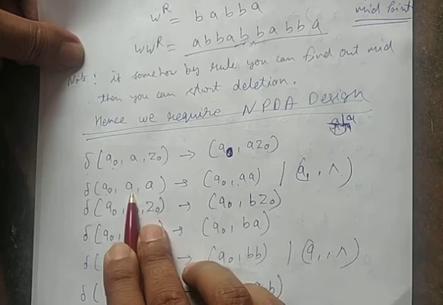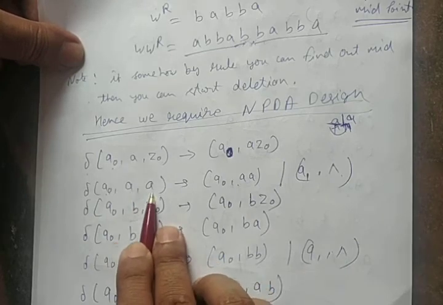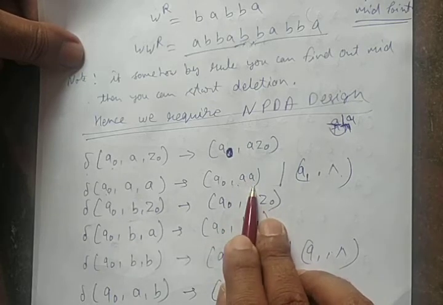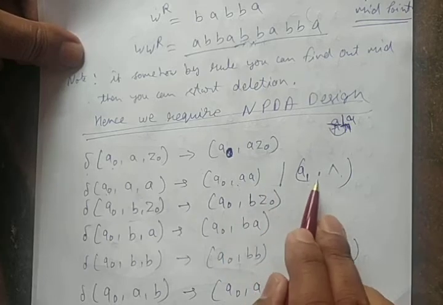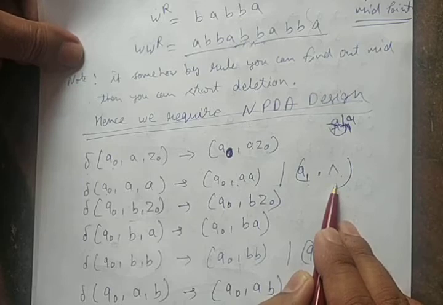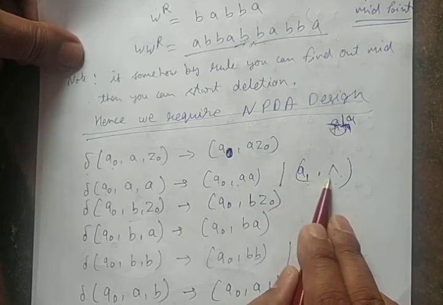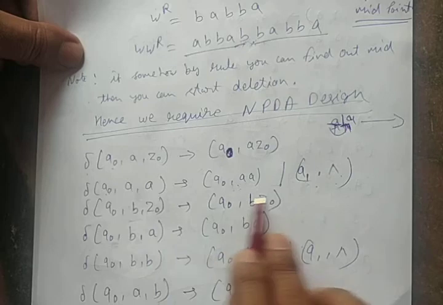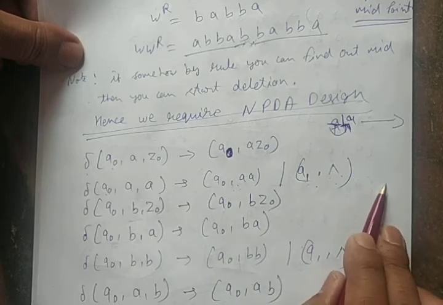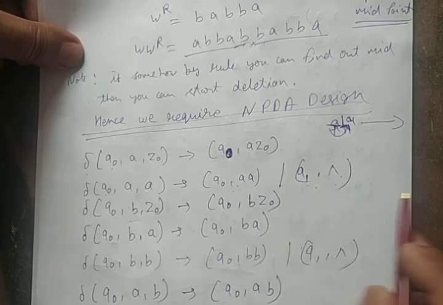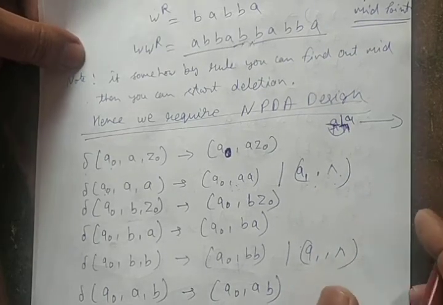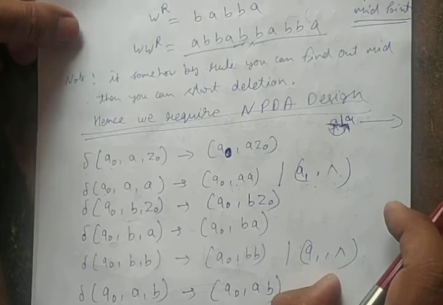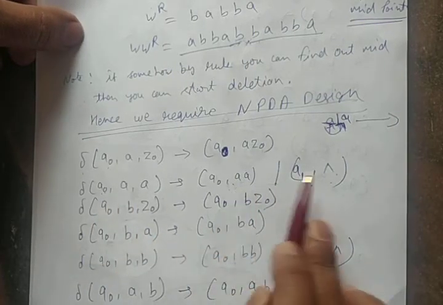If I get A and the top of the stack is A, then there is a possibility that I insert an element into my stack, or there is a possibility that I delete it. Hence, now there is a choice. Because I don't know the future, I can give the choice to pick any one and proceed, and if anything goes wrong, repeat with the next one. That is actually non-determinism: you have multiple paths and you should have at least one path through which you can reach your final destination. So here I have used the same thing.